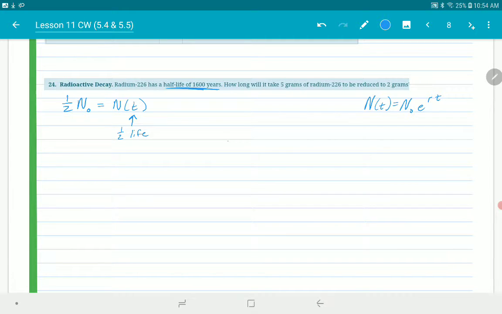It's the amount of time, the t, when your amount is half of the initial value. So we're told that our half-life is equal to 1,600 years. So that means at n of 1,600, we have half of the initial value.